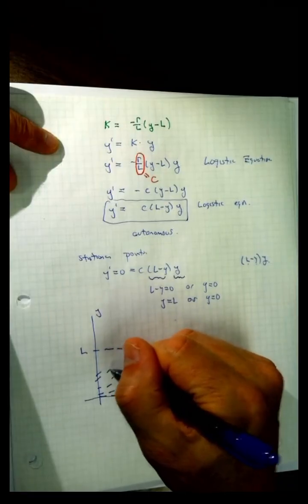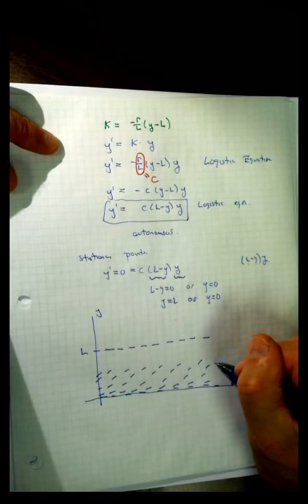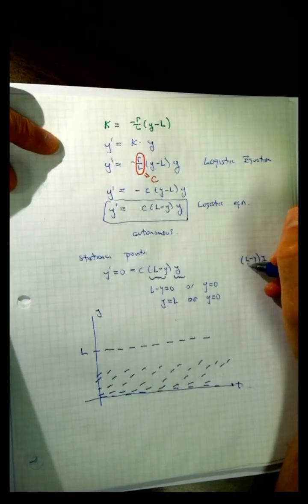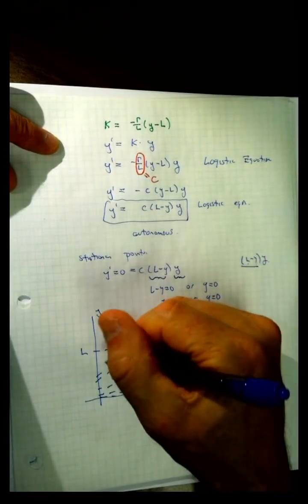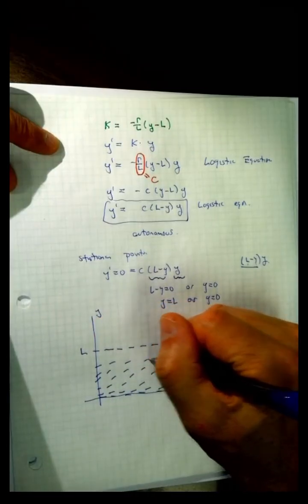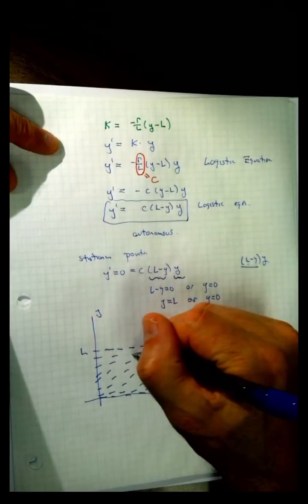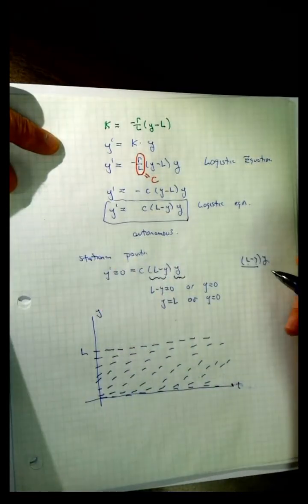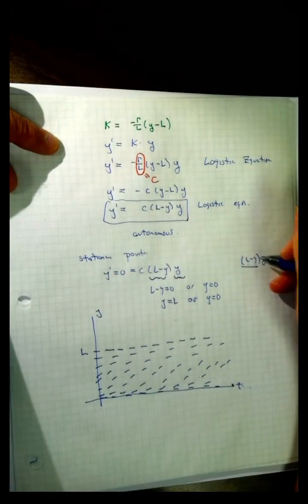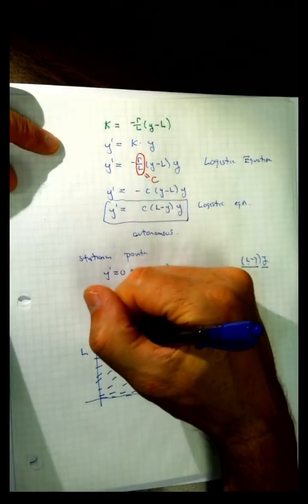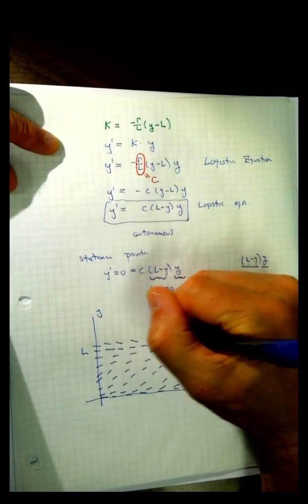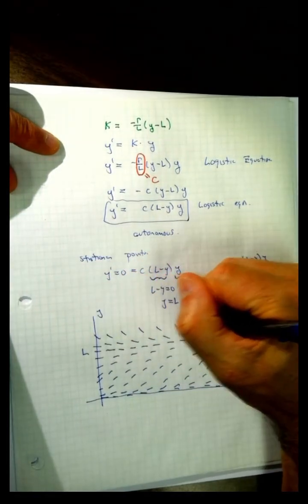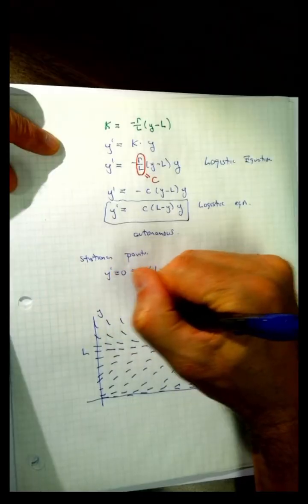It's going to max out at L over 2. Notice here as y gets bigger and closer to L, this gets closer to 0, and so the whole thing is going to get closer to 0. And now if I'm above L, if y is bigger than L, this is positive, this is negative. So we get something like this, and the bigger y is, the more negative my slope is going to be.